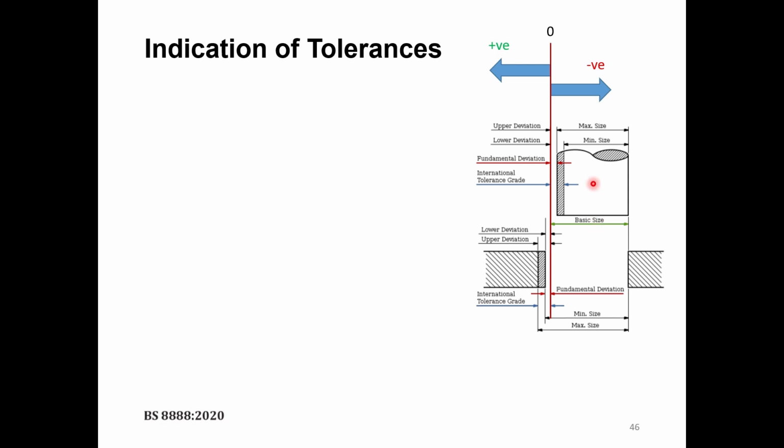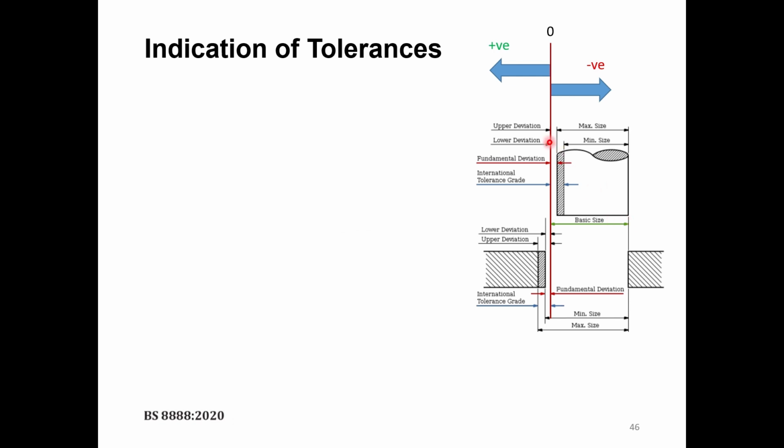We can say, for example, plus or minus 1 millimeter as the limit. So if we have a 50 millimeter diameter with a tolerance of plus or minus 1, this means that if the inspector measures the diameter of the shaft and finds it either 49 or 51, or somewhere in between these two, it should be acceptable.